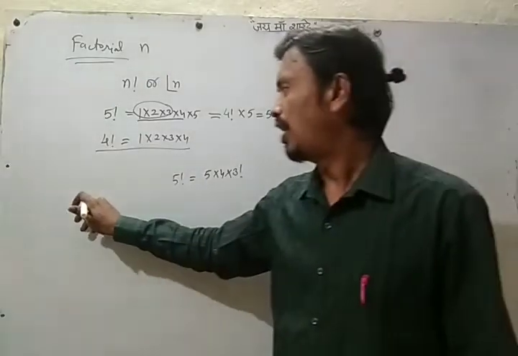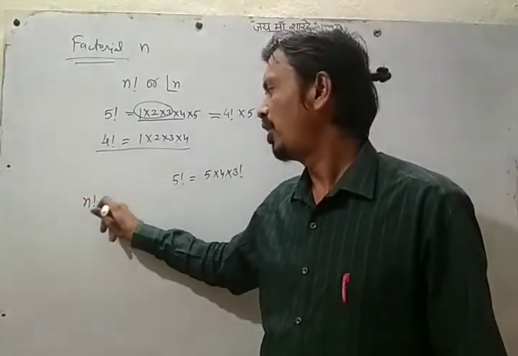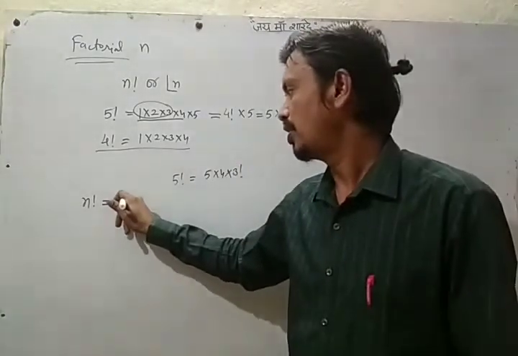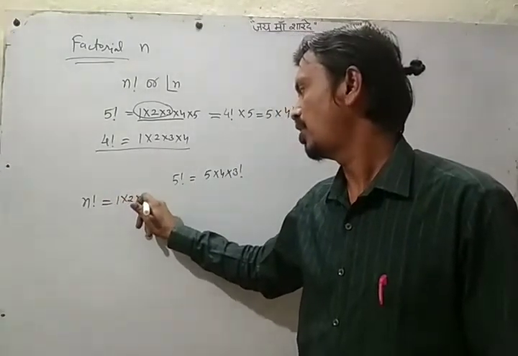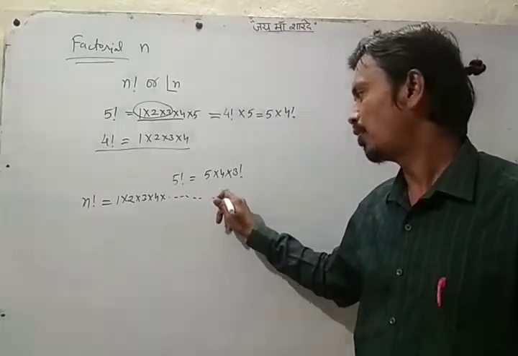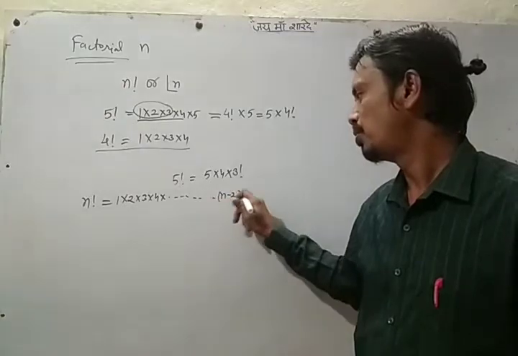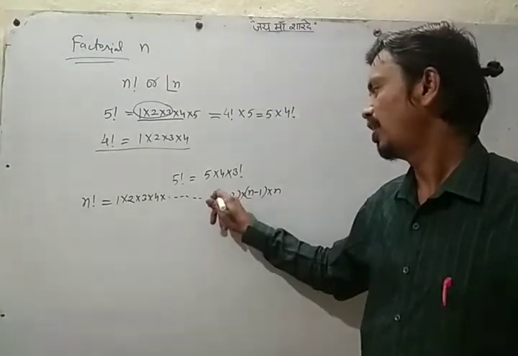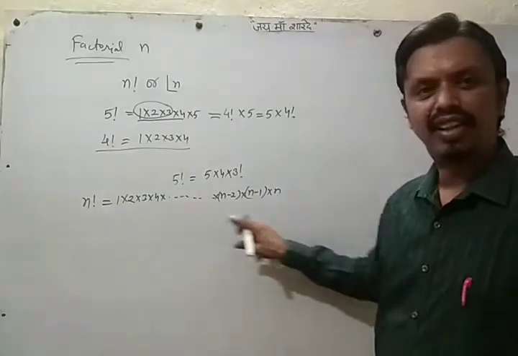Now n factorial is the product of the first n natural numbers, 1 into 2 into 3 into 4 up to n, and before that we have n minus 2, n minus 1, then n. So it is our factorial n.